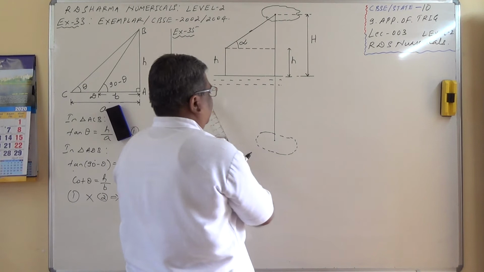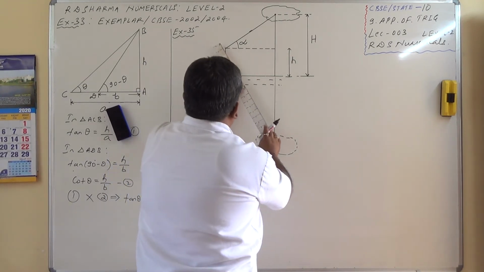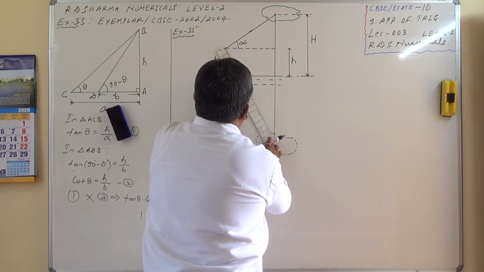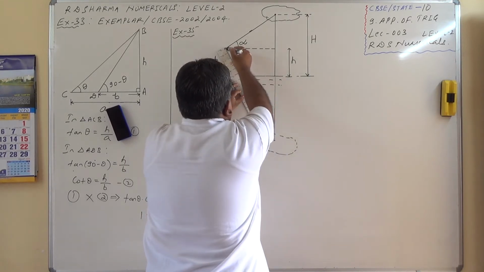Now let us draw the line of sight and the angle of depression. The angle of depression of this reflection, when observed from h meters above the ground, is beta.